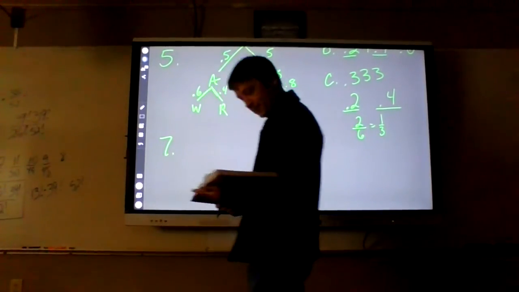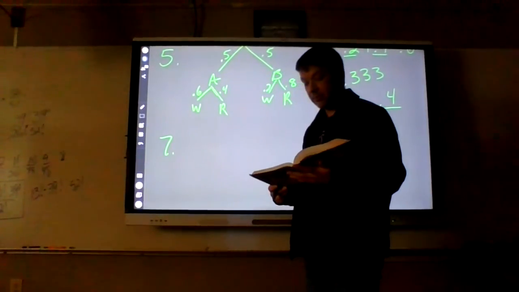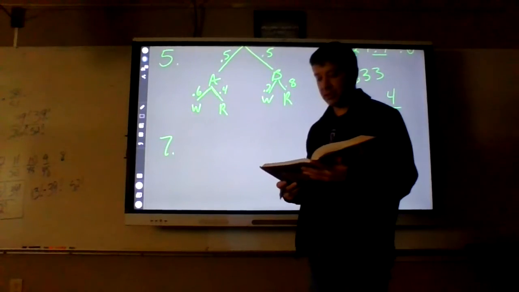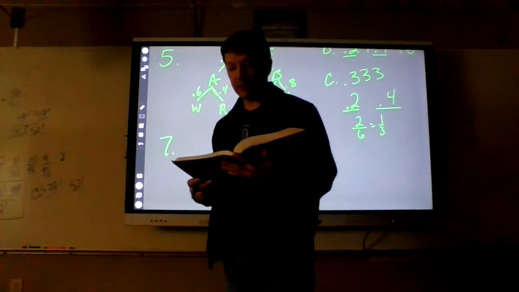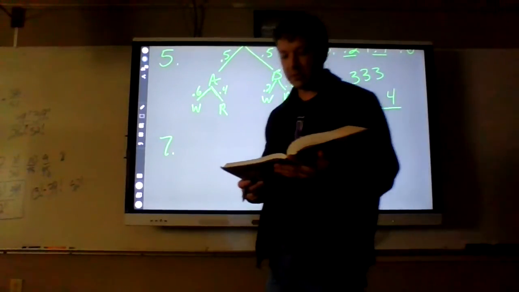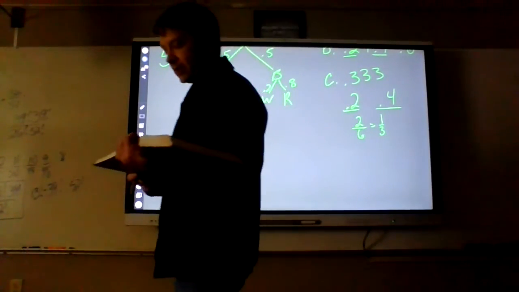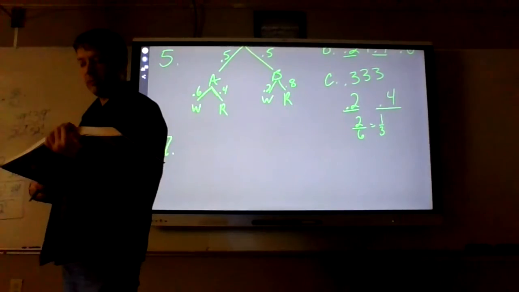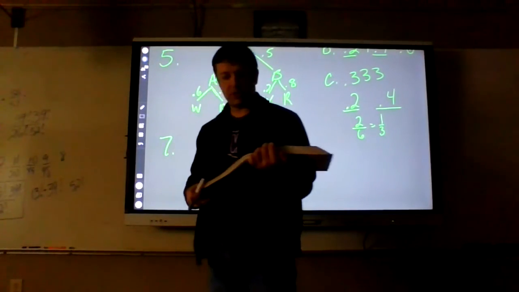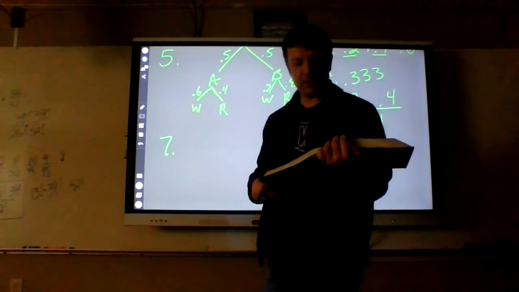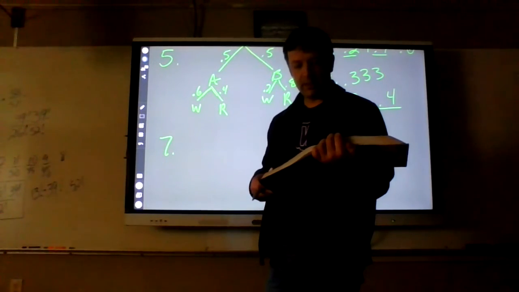Okay, number 7. Machine A produces 60% of the ball bearings manufactured by a factory, and machine B produces the rest. 5% of machine A ball bearings fail to have the required precision, and 2% of machine B bearings fail.